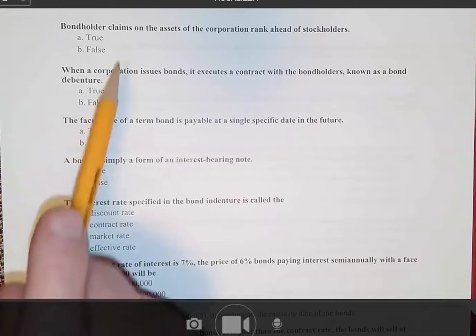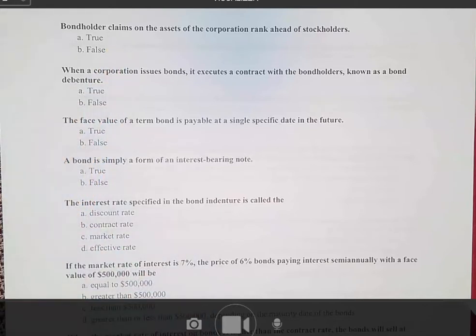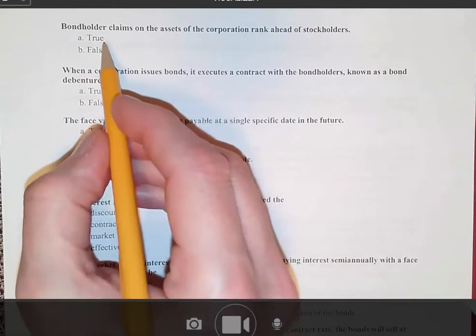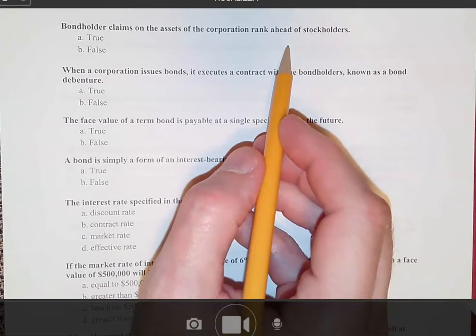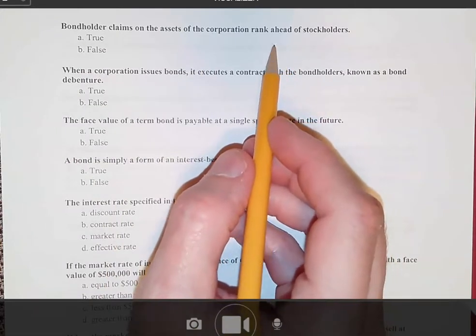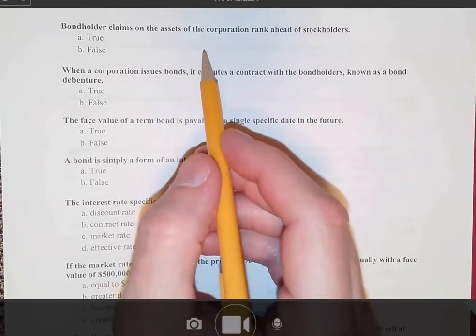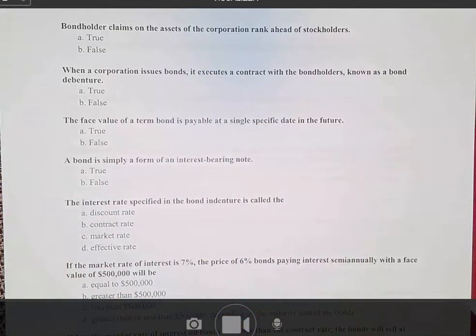It says here, bondholder claims on the assets of a corporation rank ahead of stockholders. So what we're talking about with this true-false question, we could probably add to, in the event that the company goes bankrupt, who would have first claim on company assets?